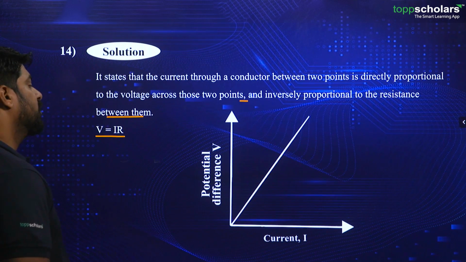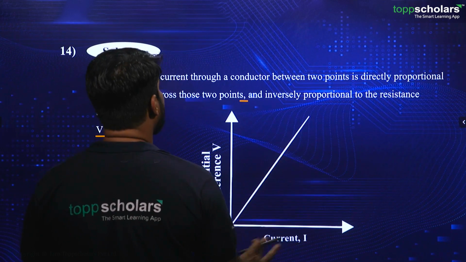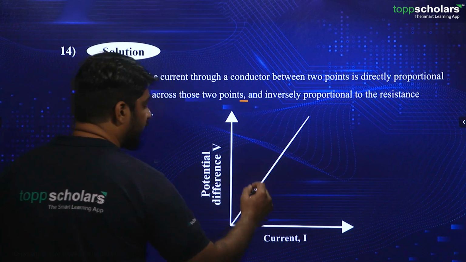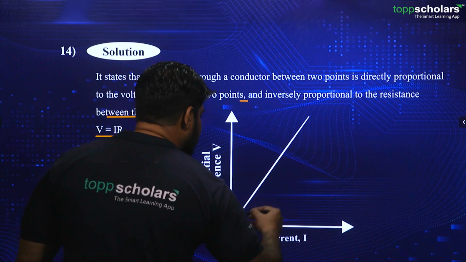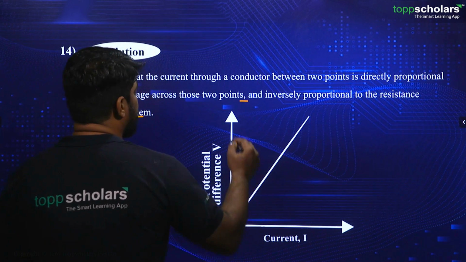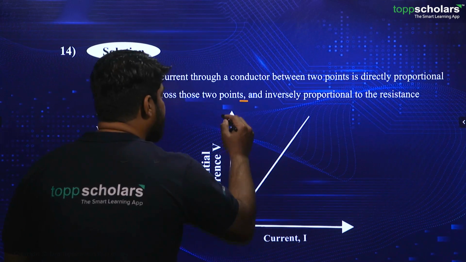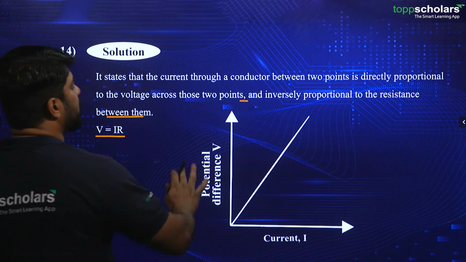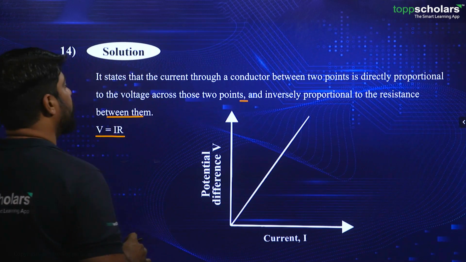And this is the graphical representation of Ohm's law. This is potential difference and this is current, and here is a straight line indicating the direct proportionality between these two quantities.